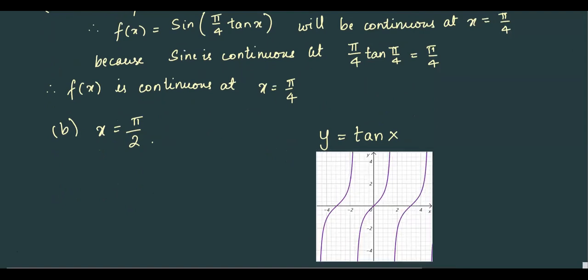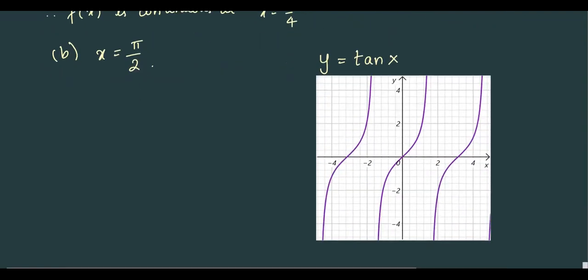So there's the tan function. We know that. Now at x equal to pi by 2, so it is 1.57, something close. Something like this. This is pi by 2 here.